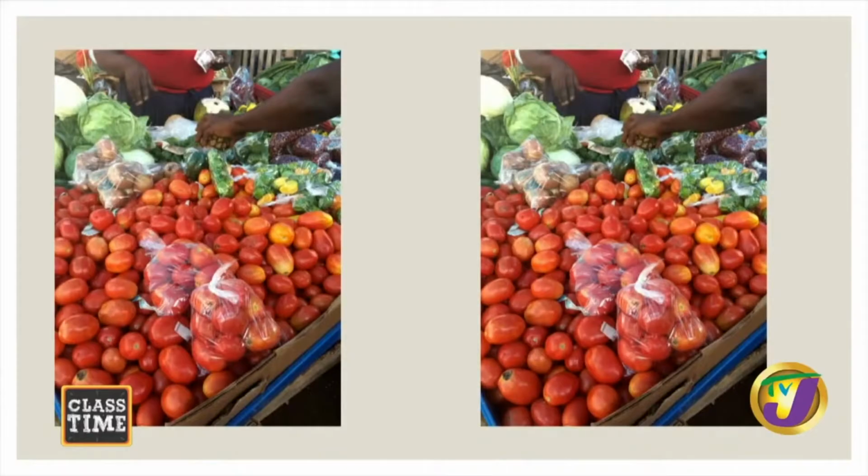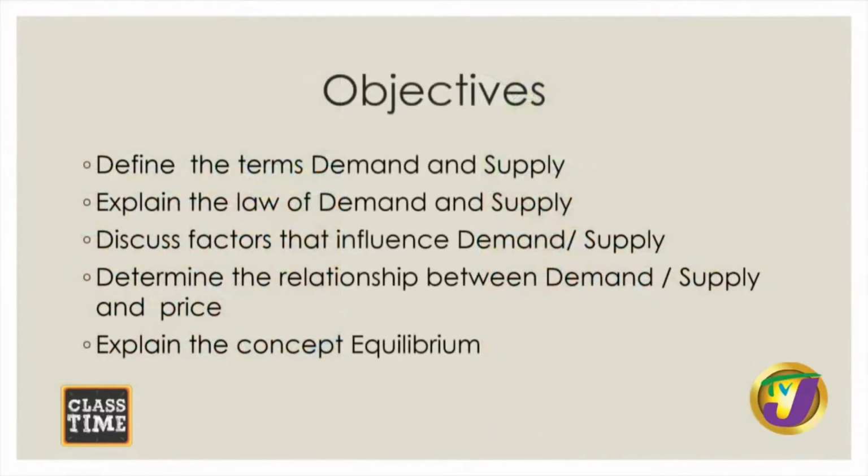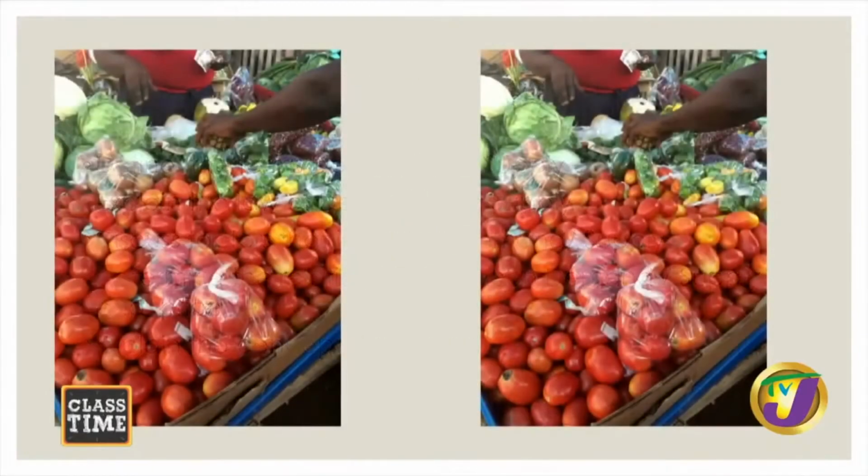Here we have two images. On your left, we have an image that represents tomatoes in March. On your right, tomatoes current time, December. So in March, the cost for tomatoes was actually $30 per pound.